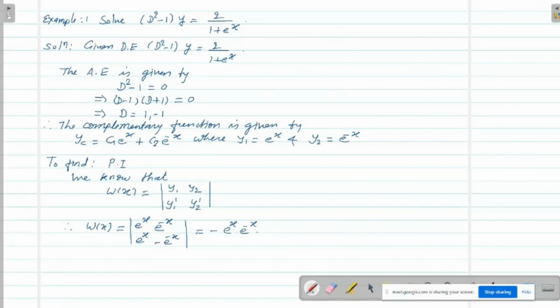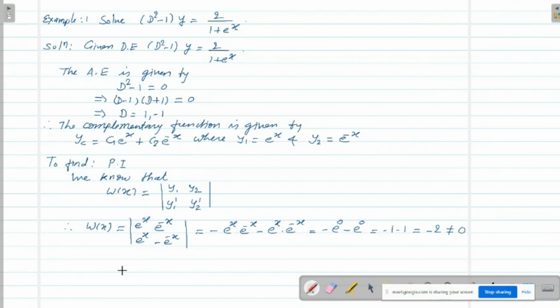The base is same, so the powers will be added: x minus x is 0, and e raised to 0 is 1. So this is minus 1 minus 1, which is equal to minus 2, and this is not equal to 0.